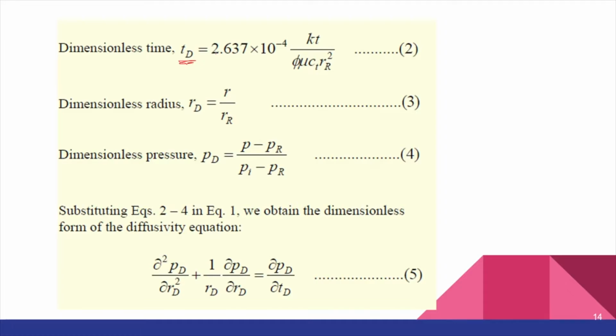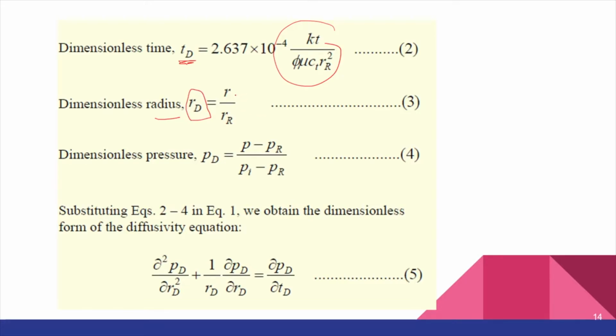We introduce a new time, which is tD, the dimensionless time, and it is 2.637 times 10 to the power of minus 4 times k t over porosity, mu, Ct, Rr squared. So we have all of these: permeability, time, porosity, viscosity, total compressibility, and also your radius. And then we're going to calculate the dimensionless radius, which is rD.